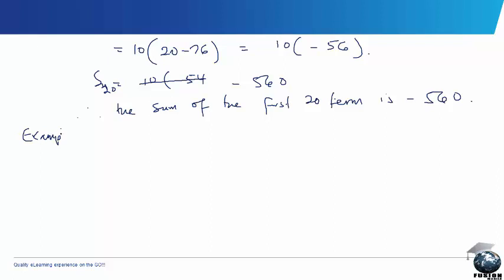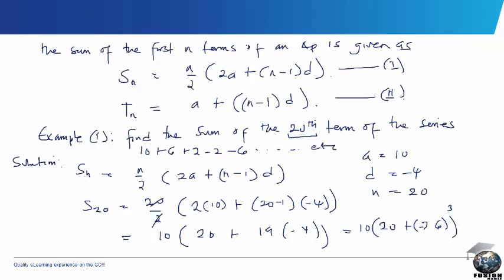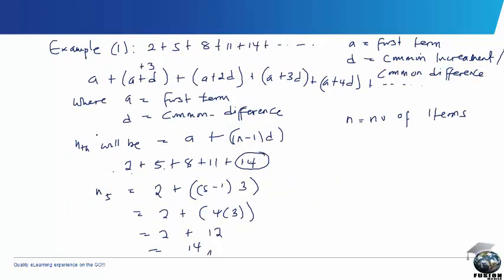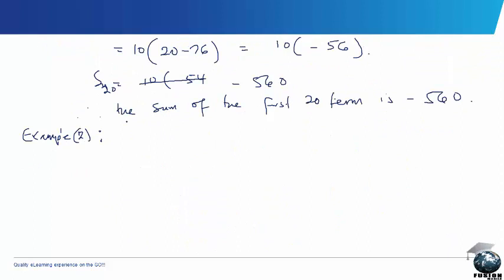Example 2, we just lift from the previous exercise we did, where we had 2, 5, 8, 11, 14. We have 2 plus 5 plus 8 plus 11 plus 14. Assuming we were to find the sum Xn, which is 1, 2, 3, 4, 5, that's the sum of the 5 terms.